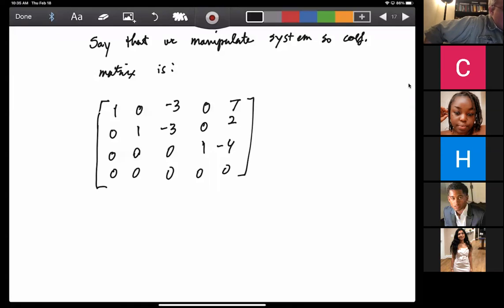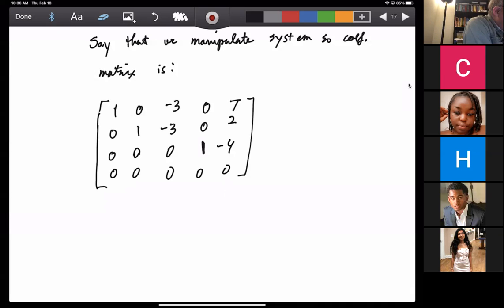And our last bullet point was that every other entry in a column with a leading one is a 0. So for this column, we've got our leading 1, every other entry is a 0. For this column, we've got a leading 1, every other entry is a 0. This column doesn't have any leading 1s. This column, we have a leading 1, every other entry in the column is 0. This column does not have a leading 1, so we're good. So this matrix is in RREF form.